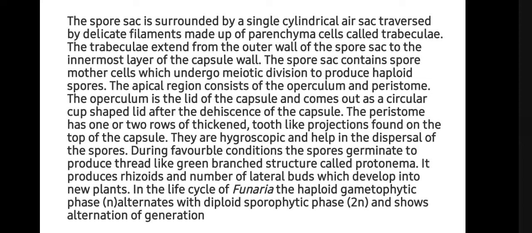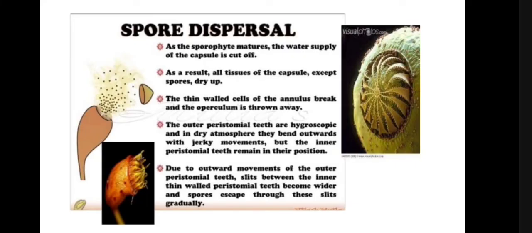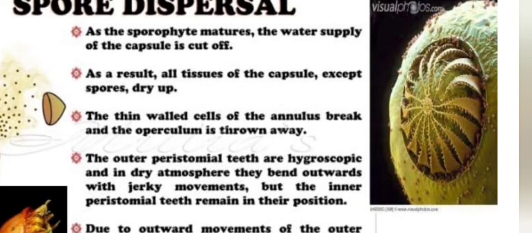During favorable conditions, the spore germinates to produce a thread-like green branched structure called protonema. It produces rhizoids and a number of lateral buds which develop into a new plant. In the life cycle of Funaria, the haploid gametophytic phase alternates with the diploid sporophytic phase and shows alternation of generations.